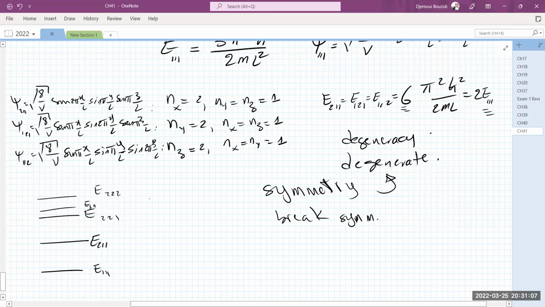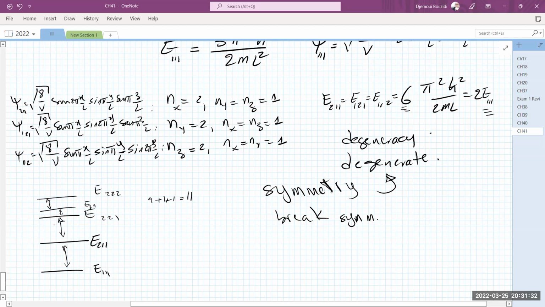E311 will be 9 plus 1 plus 1, so it's going to be 11. So it's going to be slightly more than E221, but less than E222, just below E222. So these are the energy levels, and they are not all uniformly spaced. This distance is the same as this distance, but this distance is not the same, and this one is not the same as well.